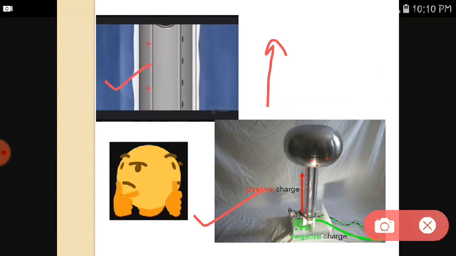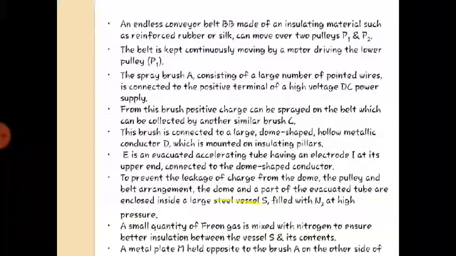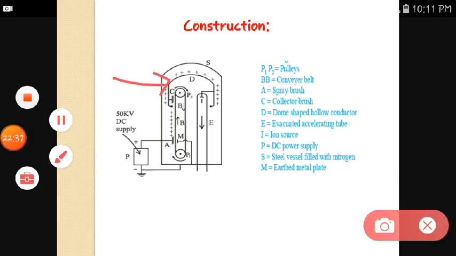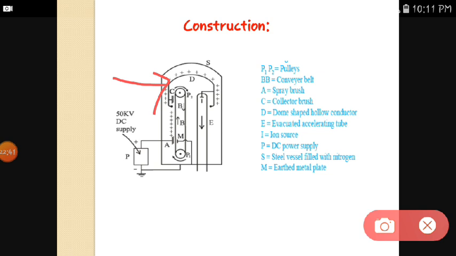Let us see the first diagram again. In the upper part, we are going to introduce positive ions such as protons or deuterons, from the vessel containing ionized hydrogen or deuterium.